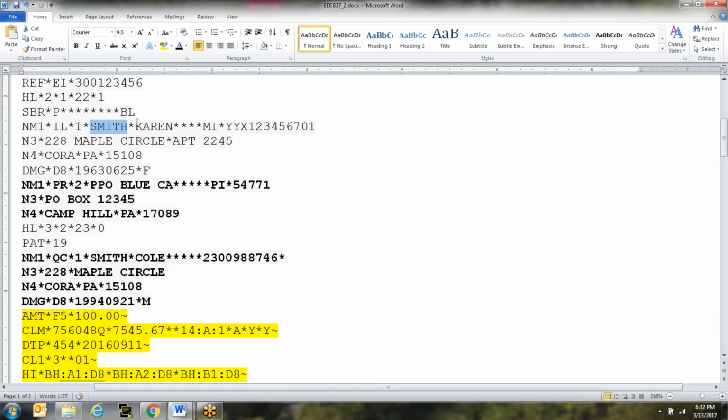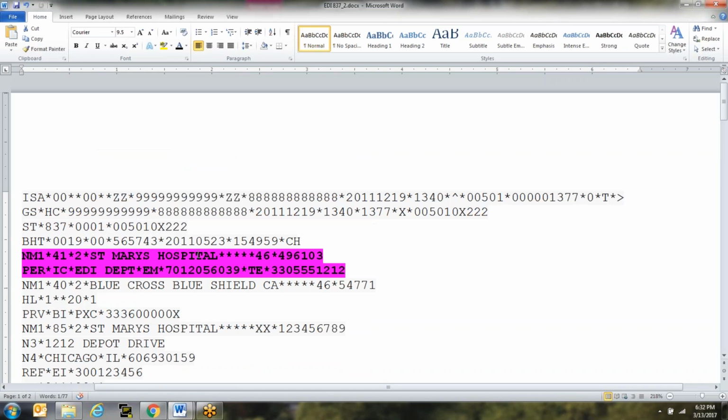What if she has active coverage, but she went to a doctor or a hospital which is out of her network because she has a very cheap plan? St. Mercy's Hospital may be in Blue Cross Blue Shield's network, but it's only allowed for expensive plans. But this Karen Smith is on a very cheap plan. She is not allowed to go to this hospital.